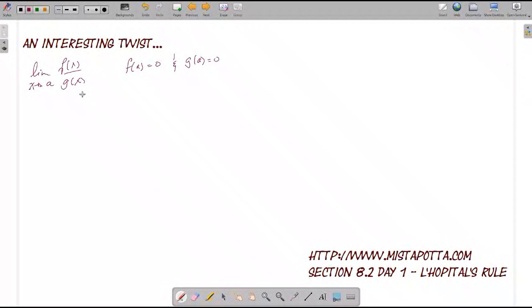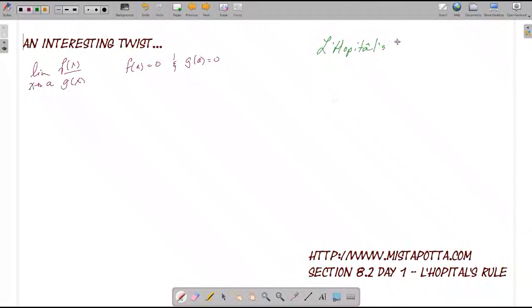But what I want to do is introduce this concept called L'Hopital's rule. L'Hopital was a French mathematician, L apostrophe H-O-P-I-T-A-L, and sometimes you'll see the L with an accent on it.